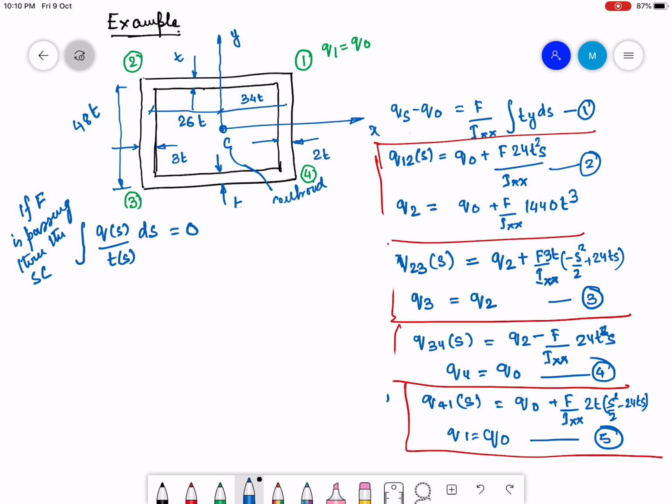Okay, so from all the expressions that we have derived from equation 2 to 5, let me call this as equation 6. Okay, so using equations 2 to 5 in equation 6, we will get the value of Q0.